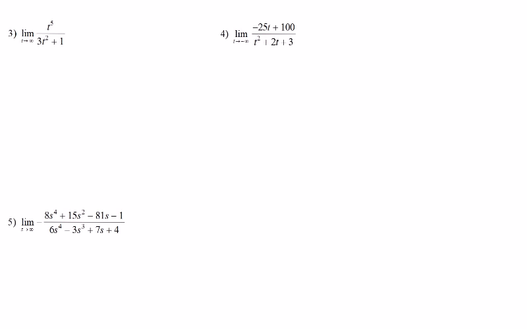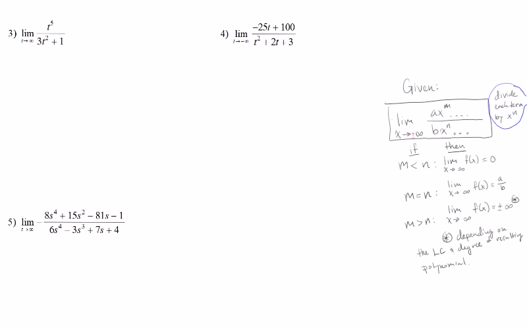We have a variable expression on top, variable expression on the bottom. So I'm actually going to start with number 4 because I've identified here that the denominator degree is larger than the numerator degree. Let me write another graphic up here. So here's our little table.